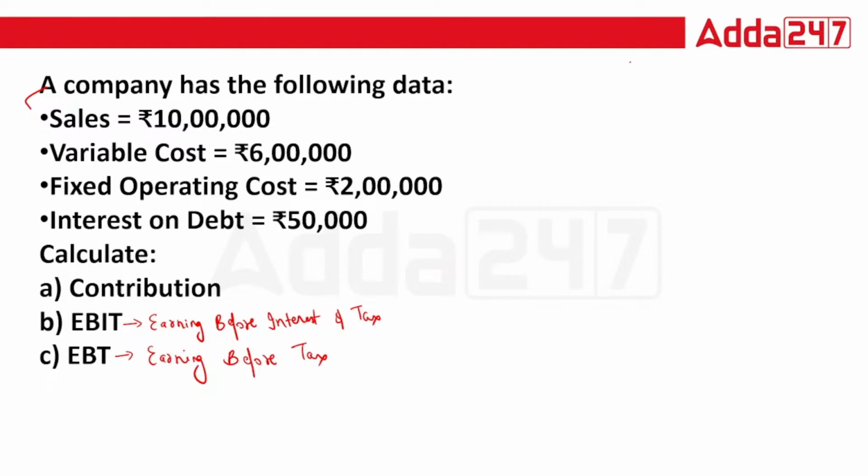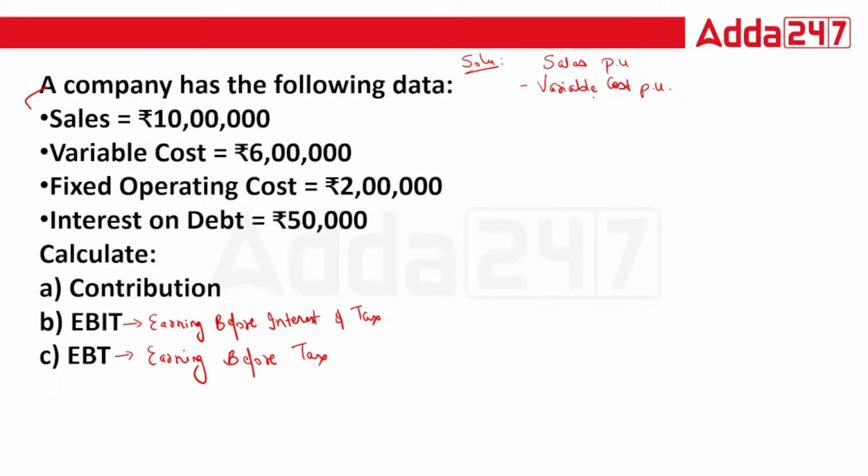This statement is your income statement. That is sales per unit minus variable cost per unit. Variable cost per unit means the direct cost which is directly linked with the volume of production.